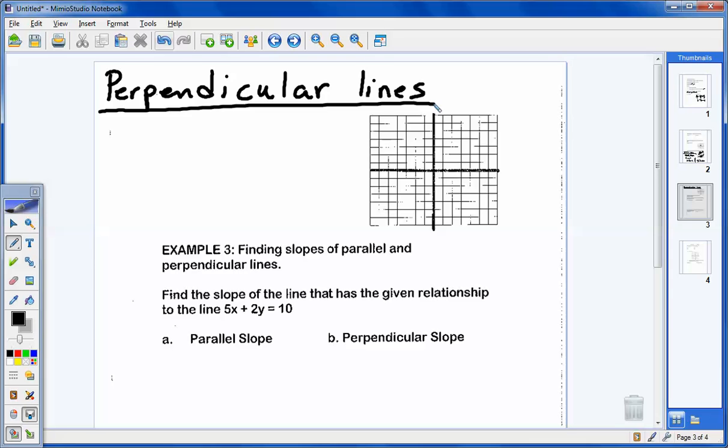So 90 degrees. The assumption is there's a right angle, right? We always talk about stuff being square. Well, squares have what kind of an angle in them? A right angle measuring how much, Darren? 90 degrees. So the idea of perpendicular lines is this. Perpendicular lines are 90 degrees apart.